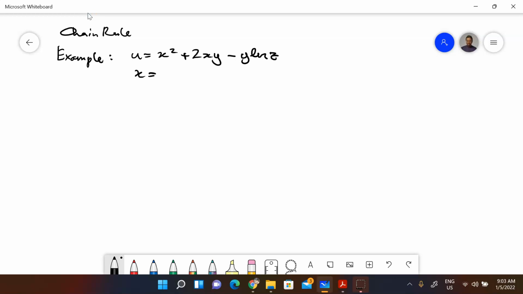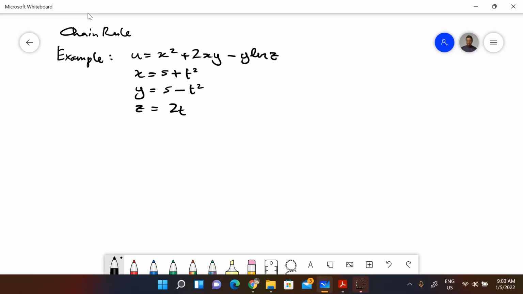You had this application of substitution of variables rather than replacement of variables, and then you're supposed to find some partial derivative. Okay, so let me just write it down first.